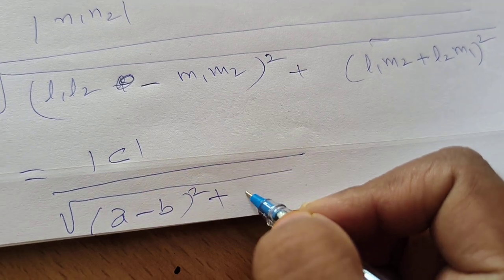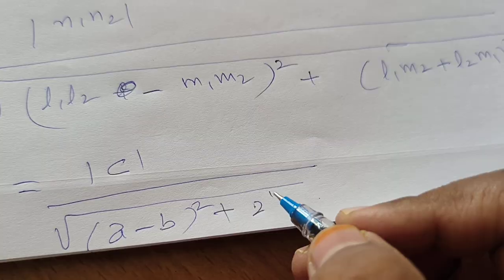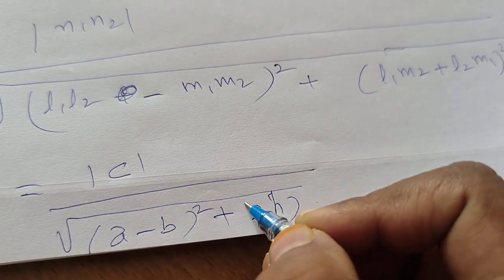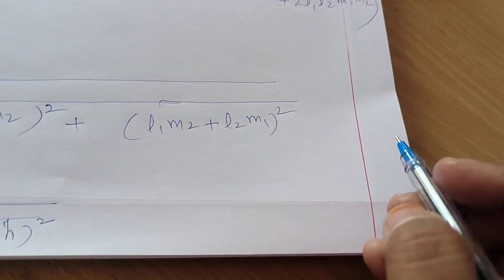So here we will write (2H) whole square. So 2 twos are 4, H into H is H square.